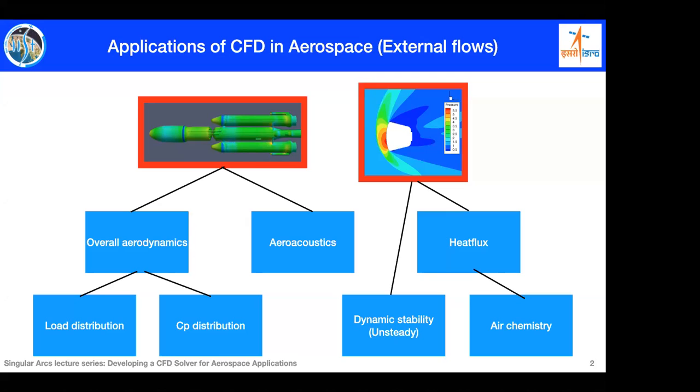All such chemistry we need to incorporate in CFD, and that is the air chemistry simulation. This will definitely change the heat flux and have certain impact on the design. Another aspect is dynamic stability. Through unsteady simulations, we need to find out if the vehicle is stable or unstable. So these are some of the applications shown in this slide for which we use our CFD solver.